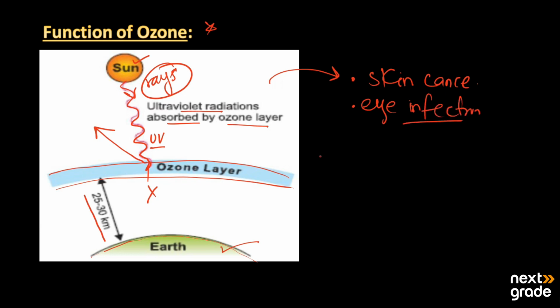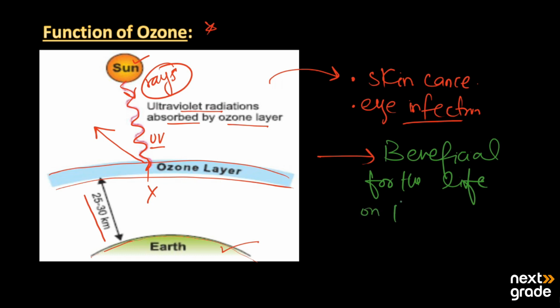Thus, the ozone layer that is present in the stratosphere is very beneficial for life on earth, because without the ozone layer, UV radiation would reach the earth's surface and may cause these types of diseases to human beings, which in turn will be incurable. So this is the simple function of ozone.